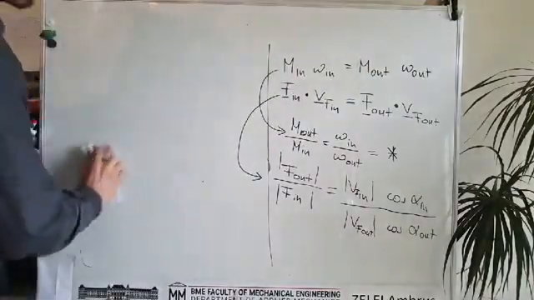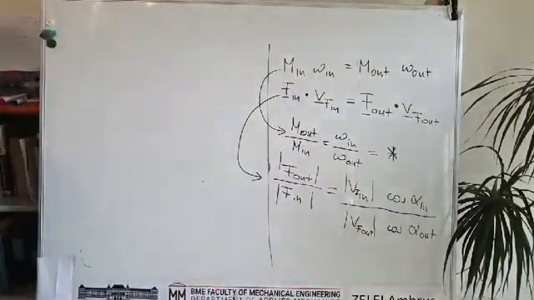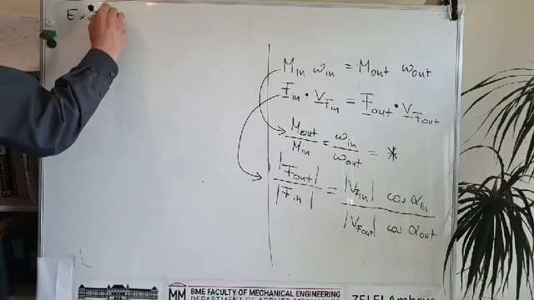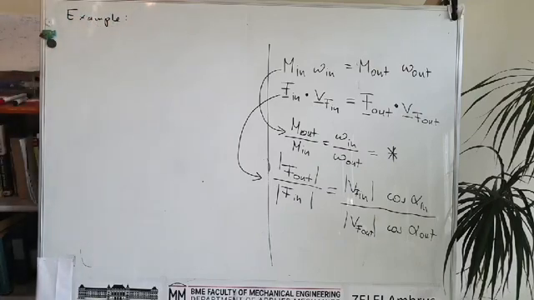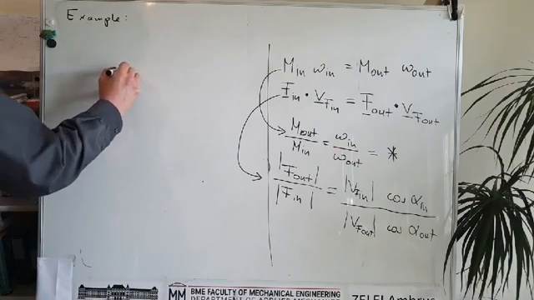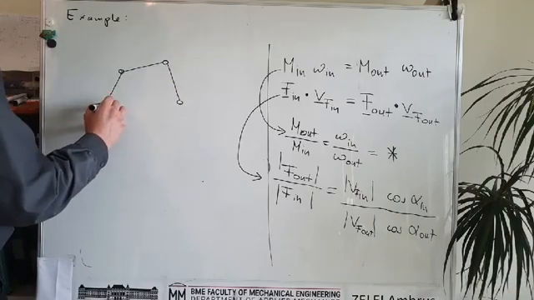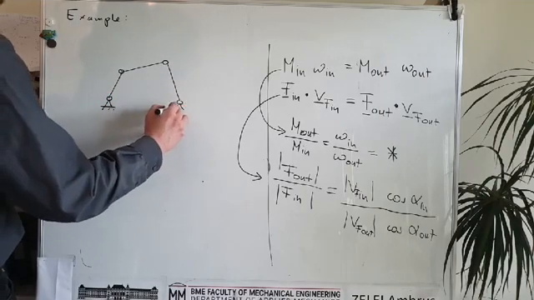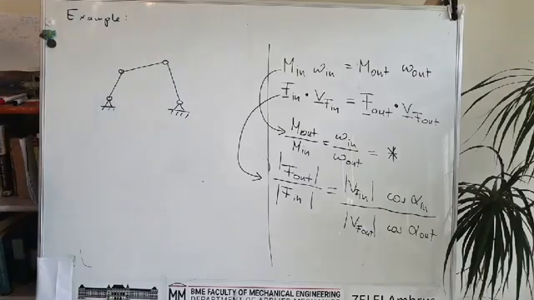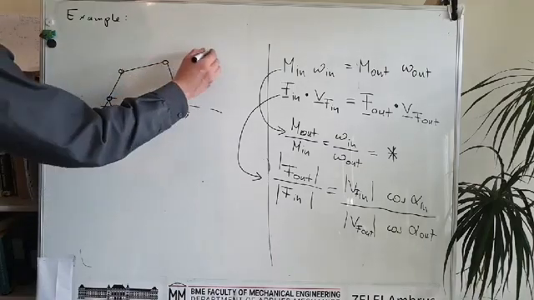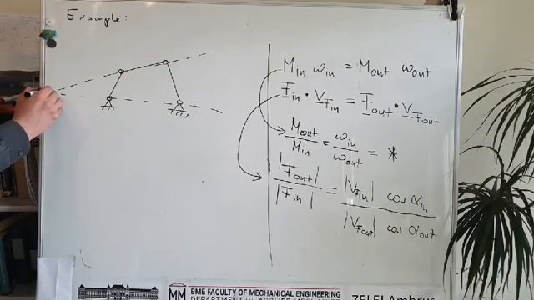And then everything will be clear about this. So for example, which is very simple, we can apply this 4-bar mechanism. We can check this example of the 4-bar mechanism. And as we said before, the relative poles can be found easily, so you can create the Kennedy lines. We don't repeat everything.